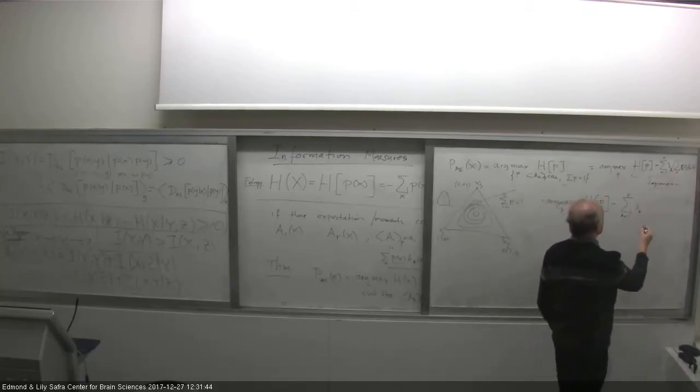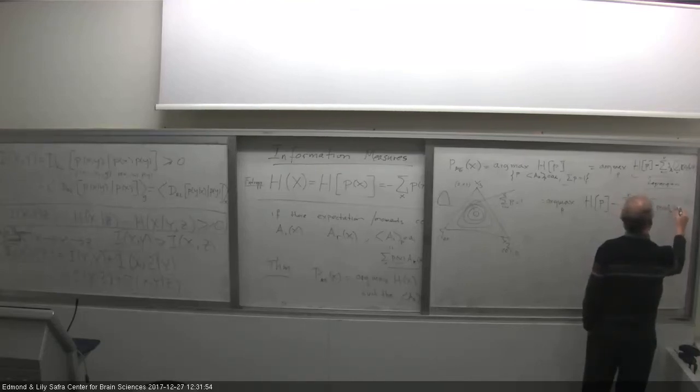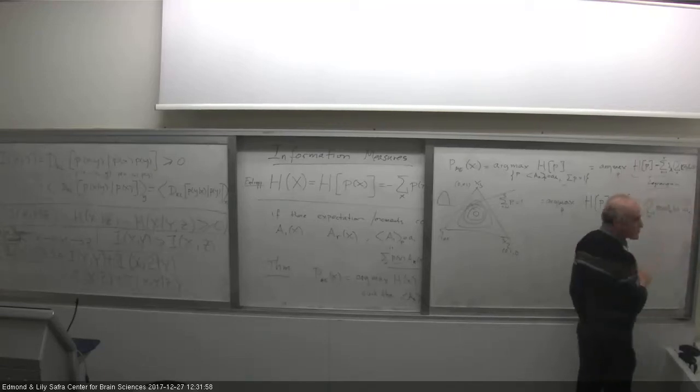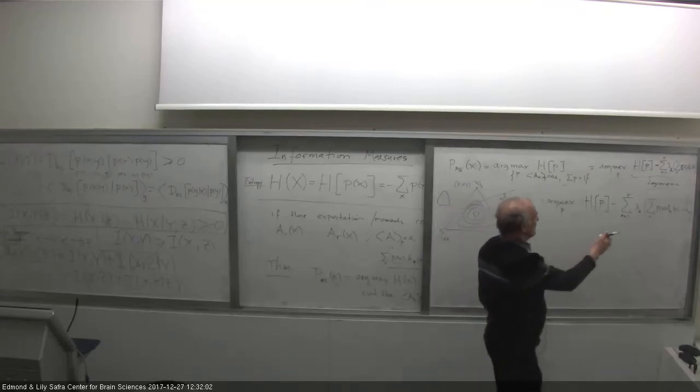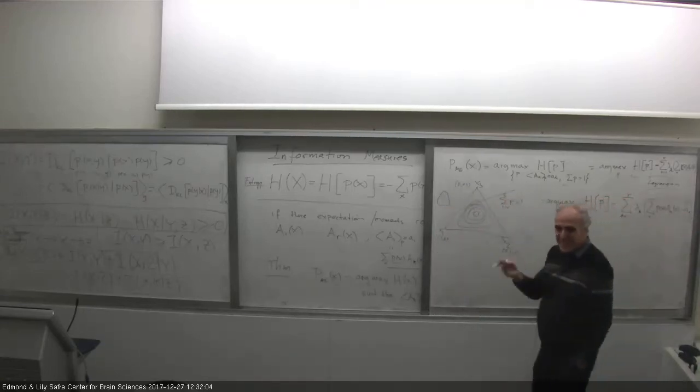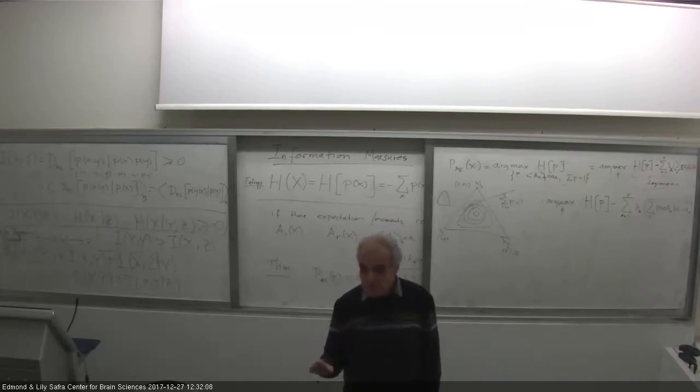And then you write here the constraint itself, sum over x of p of x, a k of x, minus a k. That's what it should be. But as you see immediately, this doesn't matter. I can forget about it, because the next thing I'm going to do is take a derivative.